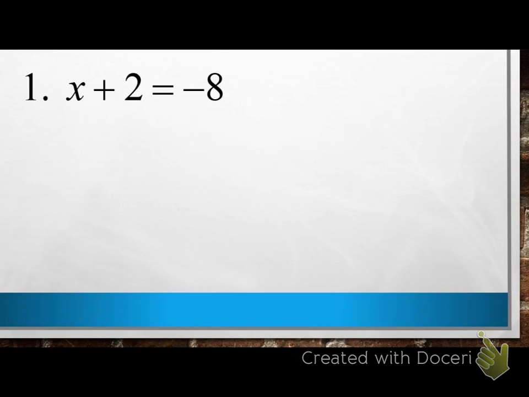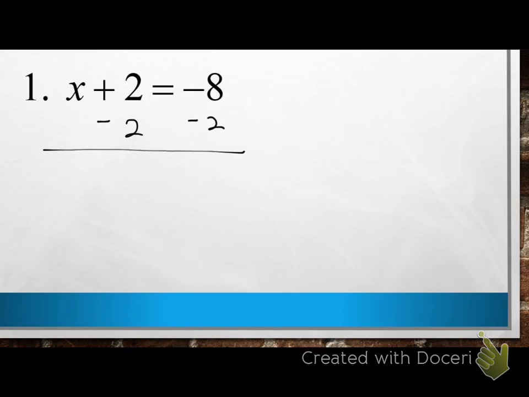Trey, what would I do to get x by itself? I have x plus 2. So to undo the x plus 2, I need to do what to both sides, Trey? Add 2. Well, that would give me x plus 4. Subtract 2. The opposite of plus 2 is take away 2.